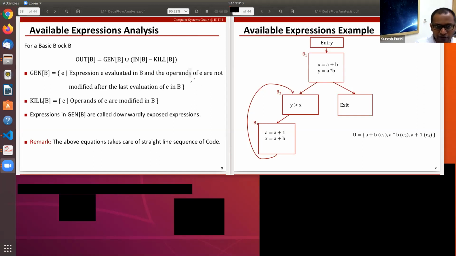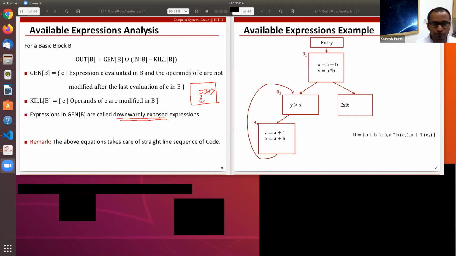Like for example, if this is a basic block, you see something like x plus y on the RHS, and after the computation of x plus y, the variables x and y are not modified in this portion of the basic block. In which case we say that the expression x plus y is downwardly exposed.